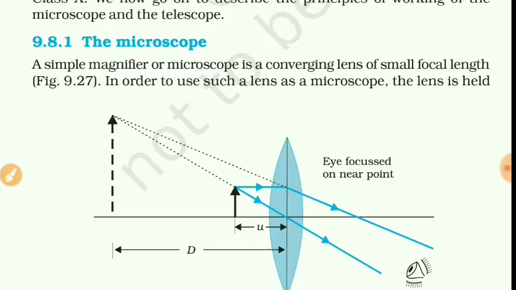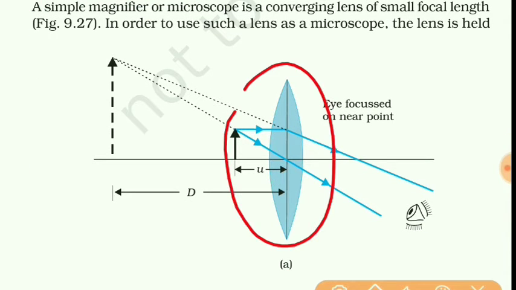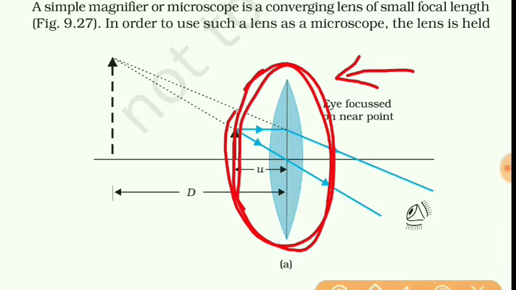But a simple microscope is nothing but a magnifying lens. It is a single convex lens, that is a magnifying lens, a simple microscope. So a simple microscope is a converging lens of small focal length.